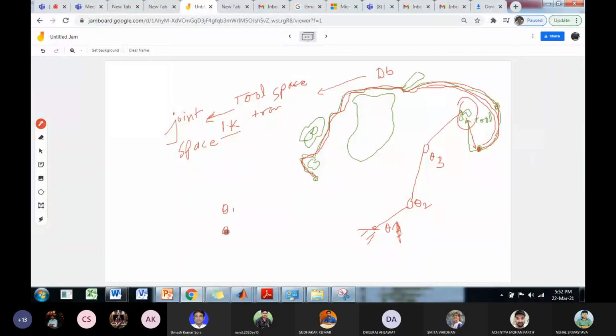I have illustrated in many lectures before that in inverse kinematics we determine the individual joint variables based on the tool position.